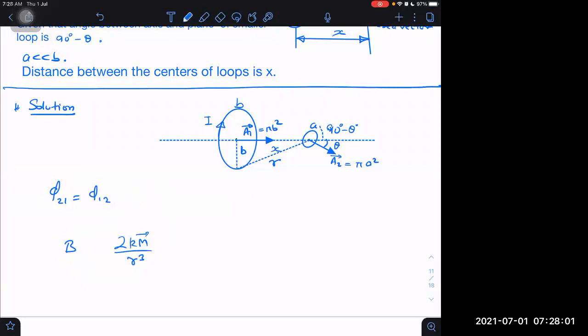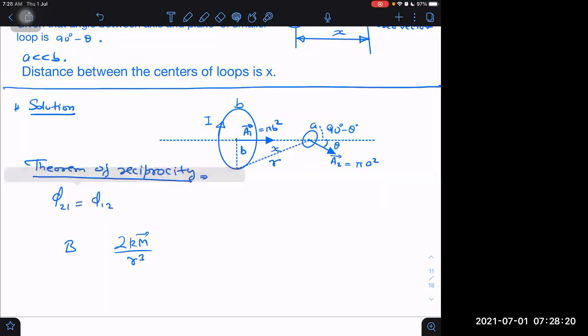Okay. There is a theorem we call the theorem of reciprocity. You don't have to remember the name, but this fact is important for you to remember: phi 12 is equal to phi 21.